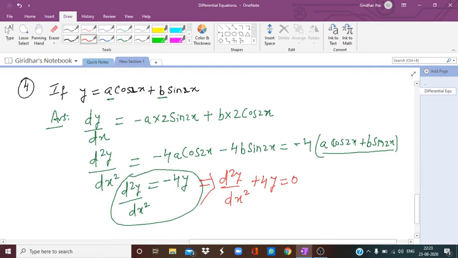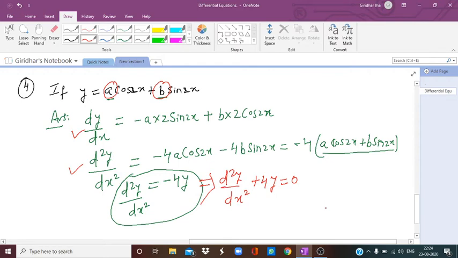So we have two arbitrary constants a and b. That is why we took the derivative twice. Once you differentiate d2y by dx square and simplify, the arbitrary constants a and b in the equation get eliminated, and in place of them we kept y. So it came d2y by dx square equals minus 4y.